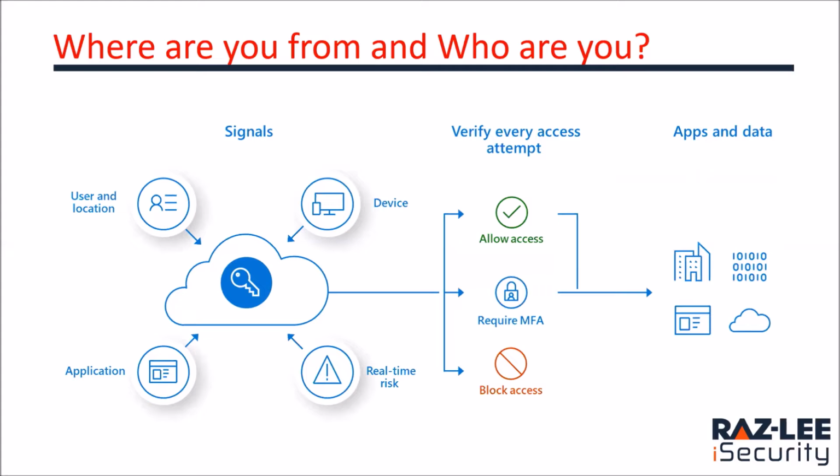The user, location, device, and application will access through an MFA application. They can allow the access without MFA, require MFA, or block the access. And only when it's verified that the user, location, and device with that application are allowed to make the changes, then it enters the apps and data and does the task.